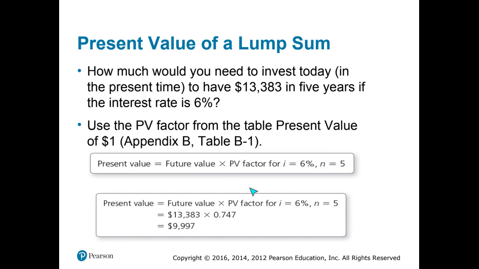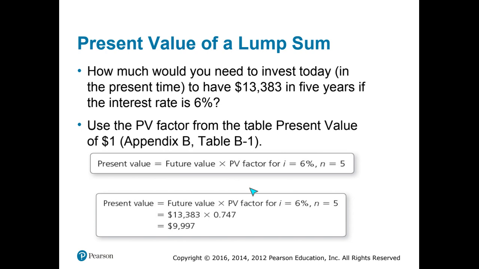I'm just going to walk around real quick, just in case. So the number of periods is 5, and the percent is 6. We scroll over, and that's the factor we would use, 0.747 right there. Did you find it?